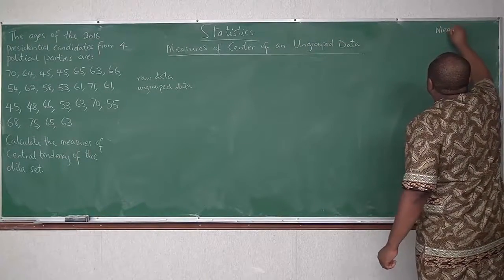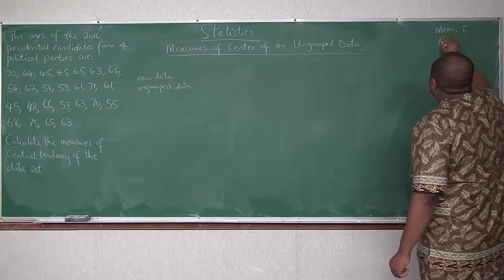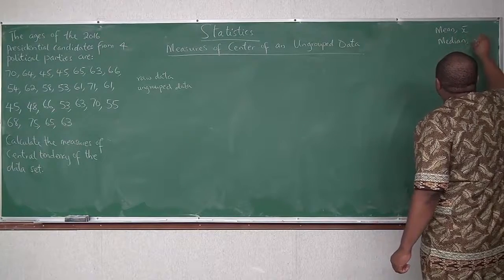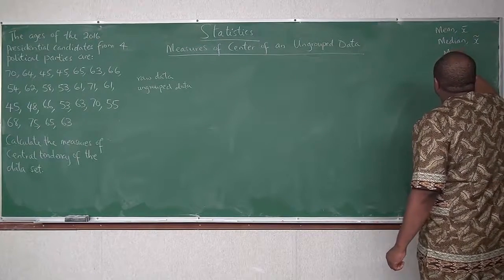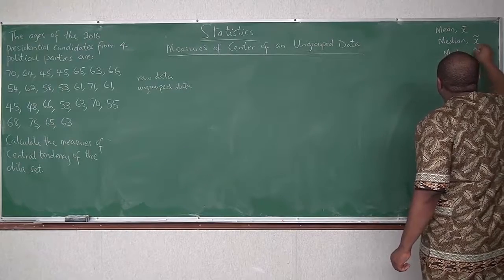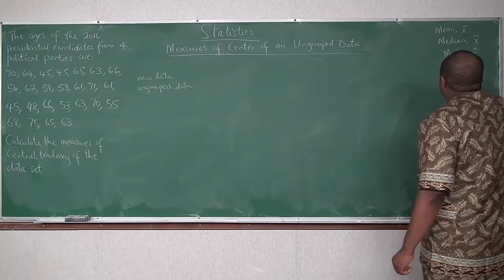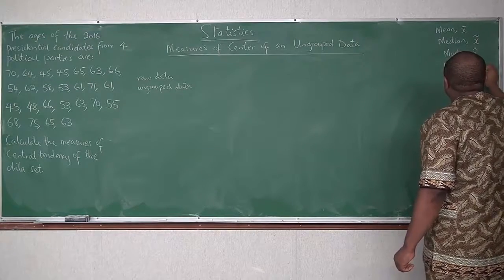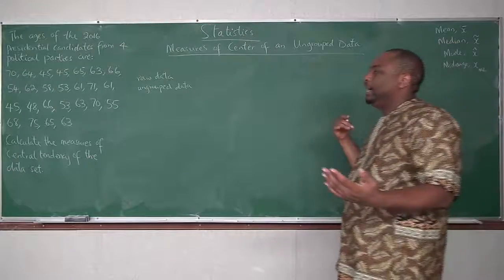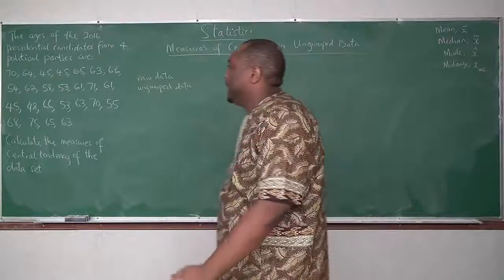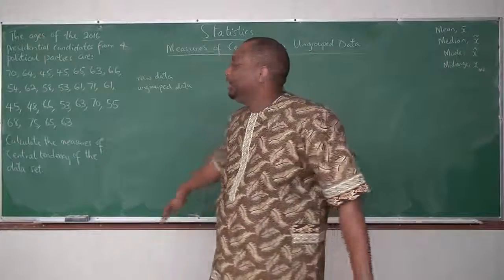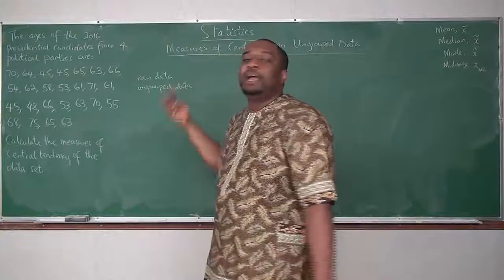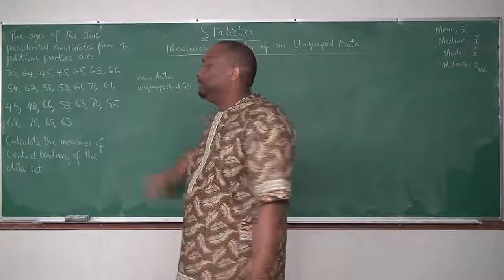Mean, X bar, the median, X meander, the mode, X hat, and the mid-range, X MR. I know most of you, to find the mean, will just add it up like that, 70 plus 64 plus 45 plus 45, and then divide it by the sample size.